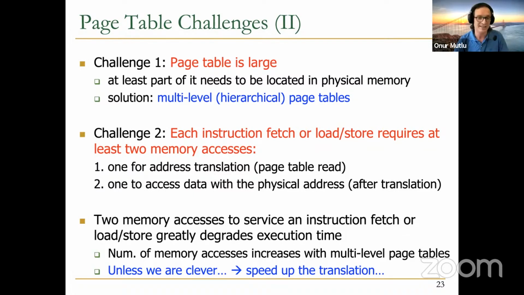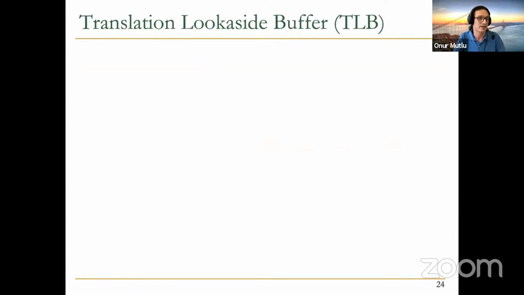We're not going to tolerate this latency overhead of indirection that is very costly, and we're going to speed it up. And to speed it up, we're going to use an old trick in our bag, right? And that's the idea of caching again.